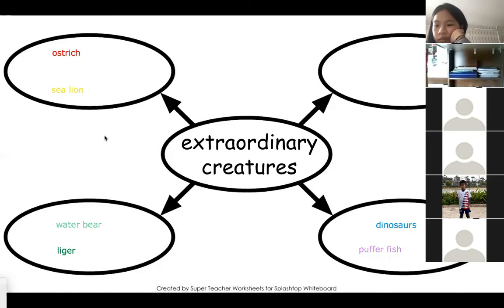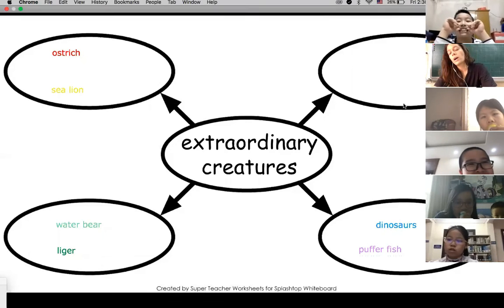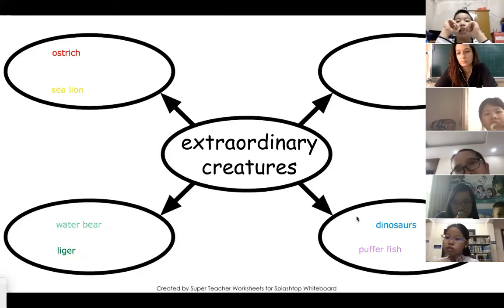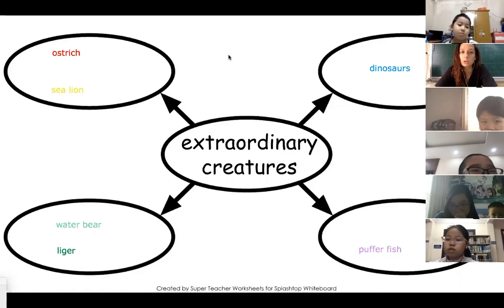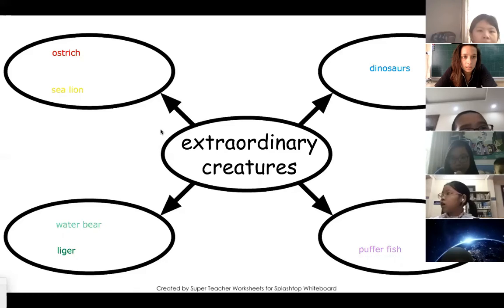So let's think. Who said ostrich? Where is Ciro? Ciro, why are ostriches extraordinary creatures? They cannot fly, but they can run very fast. Okay, very good. Ostriches can run very fast, so they're extraordinary. Okay, so who is liger?